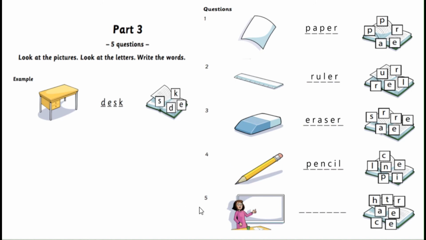Number 5. Look at the picture. What is it? Order the letters. It's a teacher. Okay. Picture number 5 is teacher.